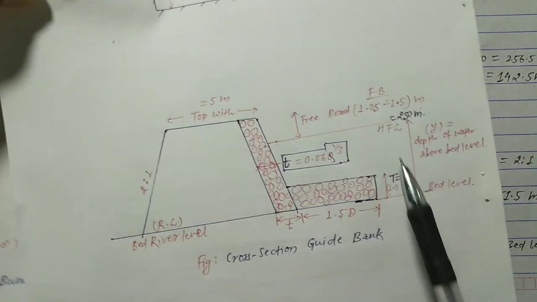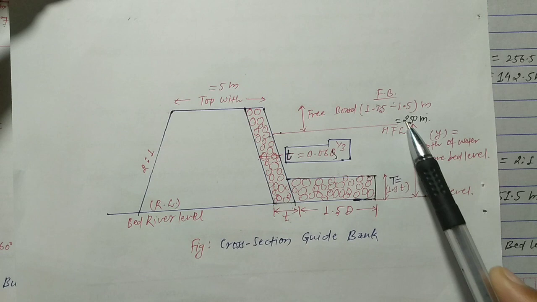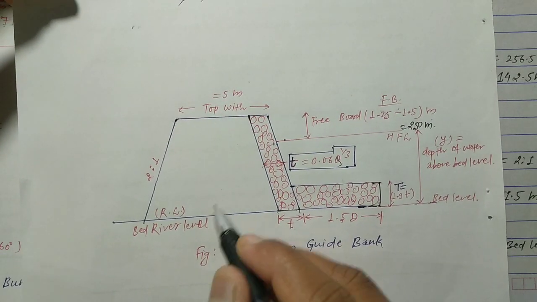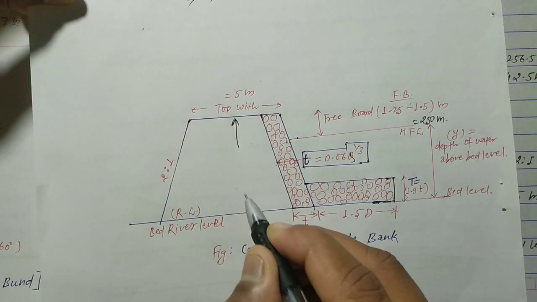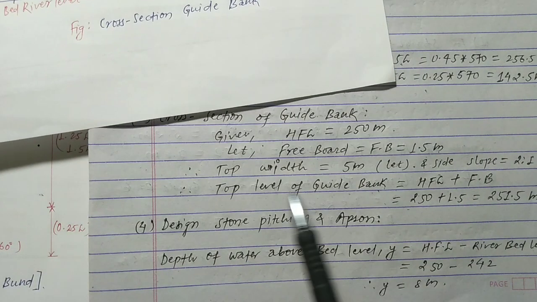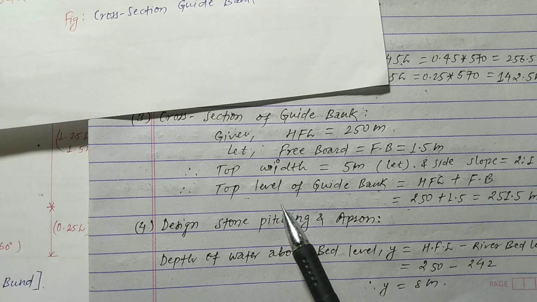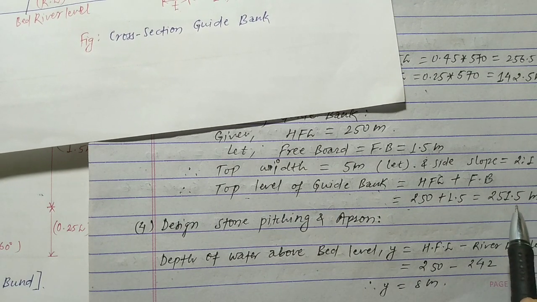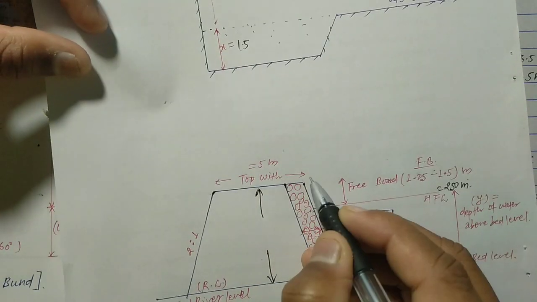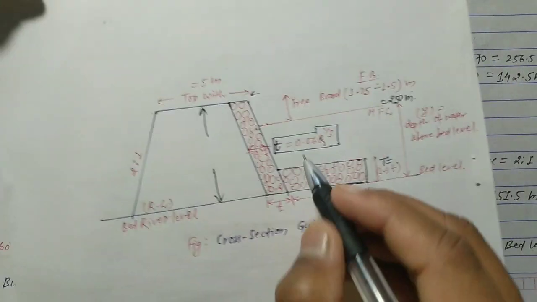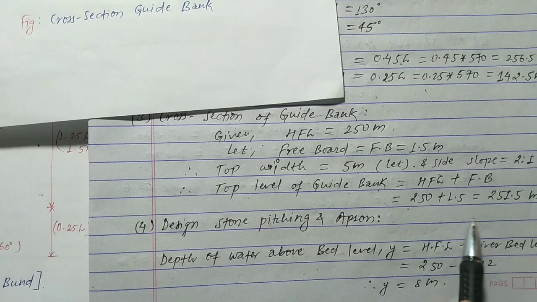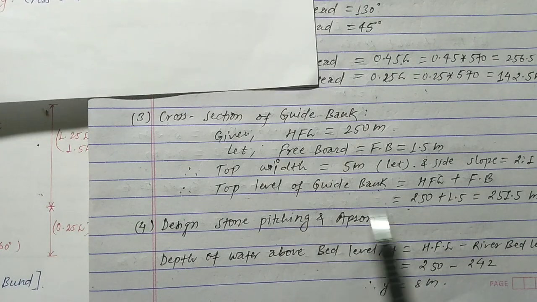After adding these two values, this value from here to here, and freeboard from here to here, we get the overall depth. Okay, from here to here, the top level of the guide bank becomes 251.5 meter. Okay, so we have already calculated the top level of the guide bank.